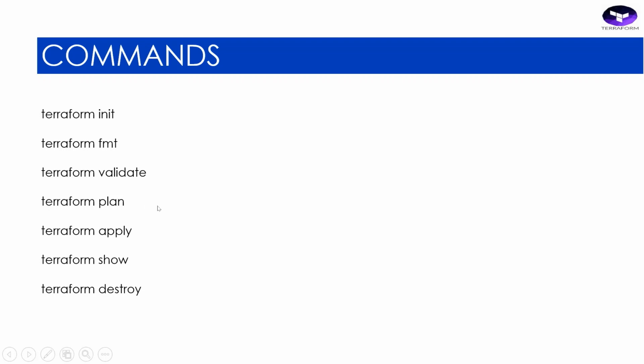After plan you can perform apply or destroy. If you have already applied the first time, the second time you can perform plan before destroy, and we can see which resources are going to be destroyed.